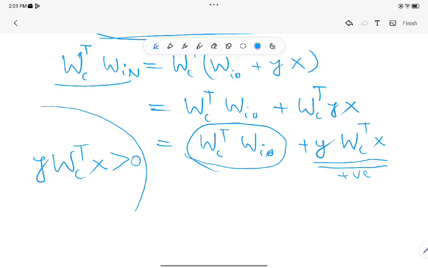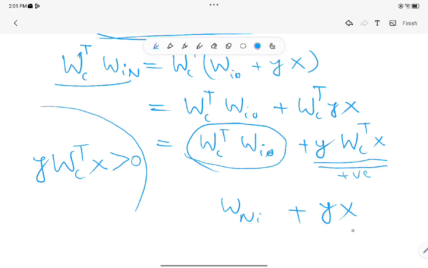Okay, now suppose the new incorrect vector is w_ni, new incorrect vector, but it's not so much incorrect as it was before this update. Now what you do, you once again add this quantity to it, yx, and then take the dot product once again with this.